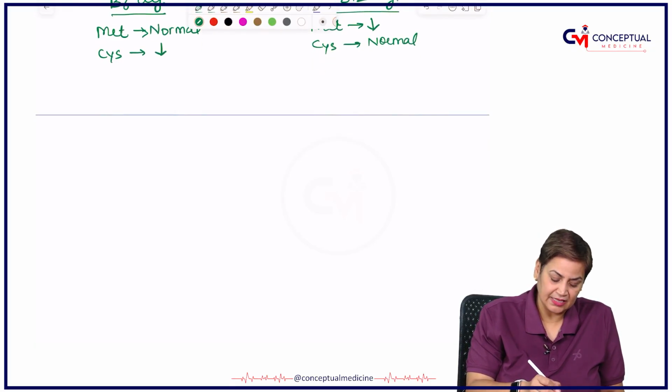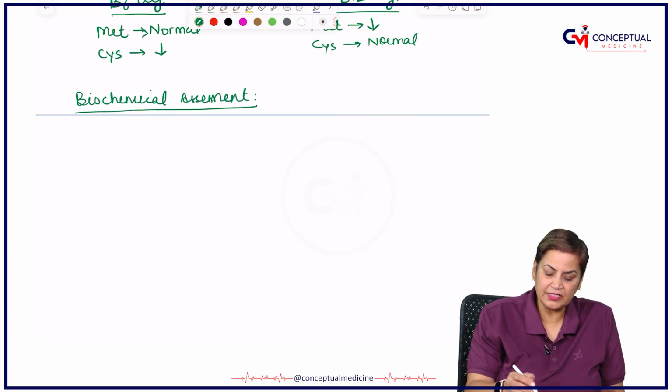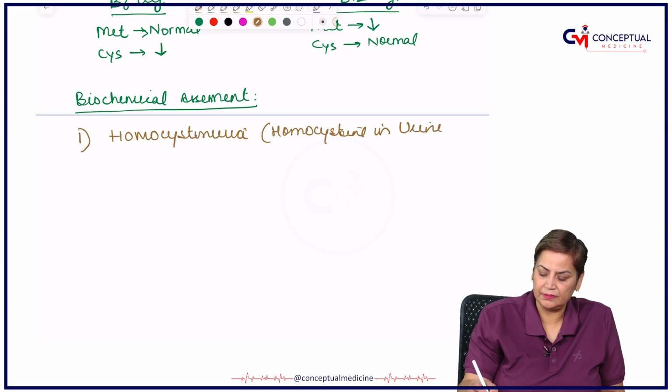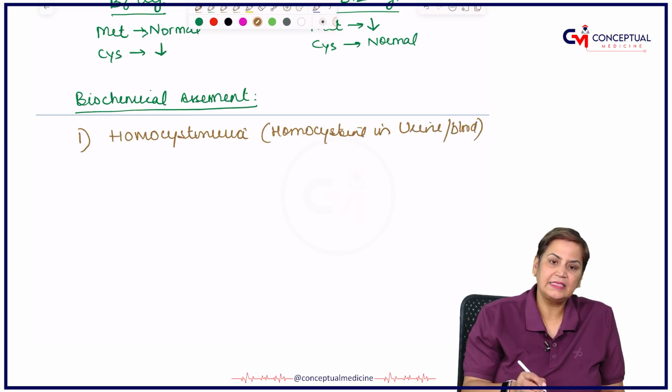How do we assess? If we talk about the biochemical assessment, the first one is homocysteinuria, or homocysteine in urine and blood. Second important one is peripheral smear.